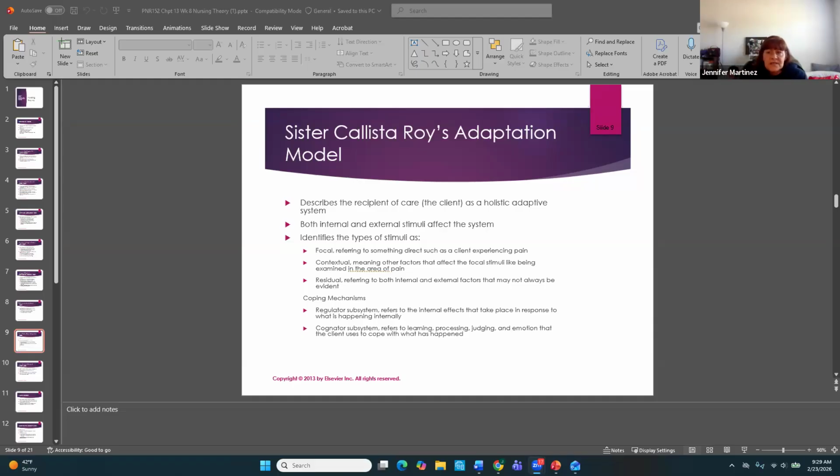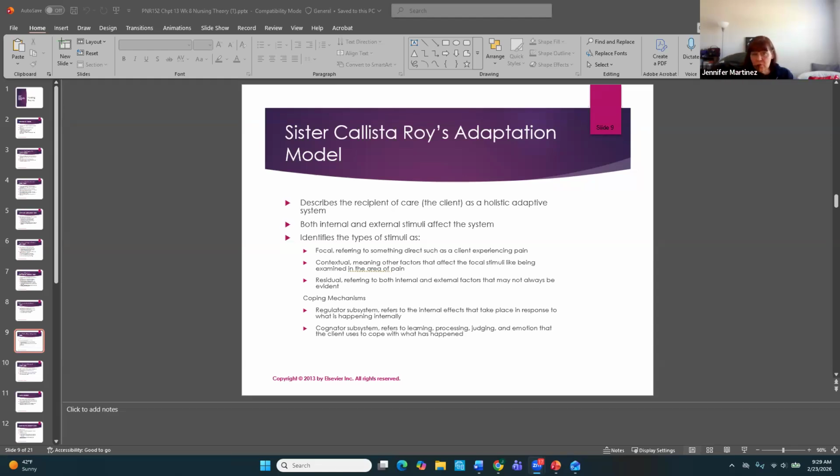The cognator subsystem is learning, processing, judging, and emotion, right? That's what the client uses to cope with what has happened. Pain is such a subjective experience, right? This is the internal piece, like, how are we going to deal with the pain?